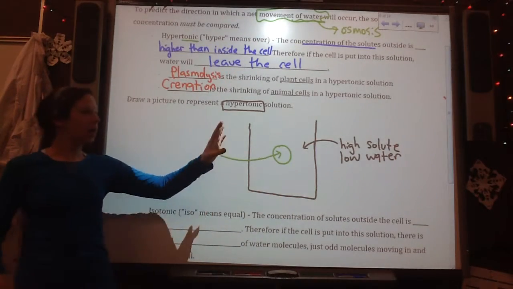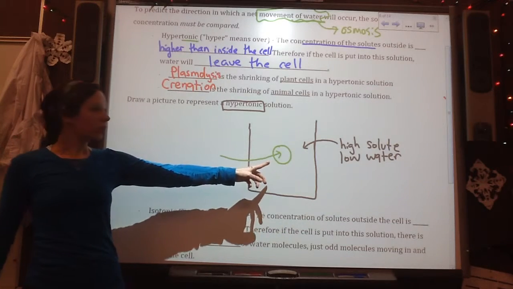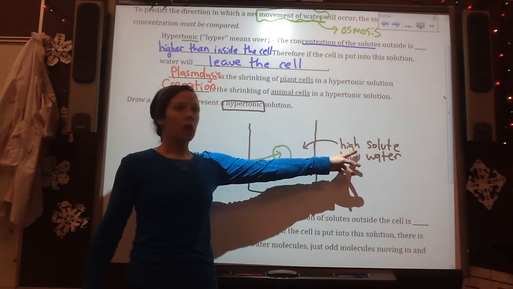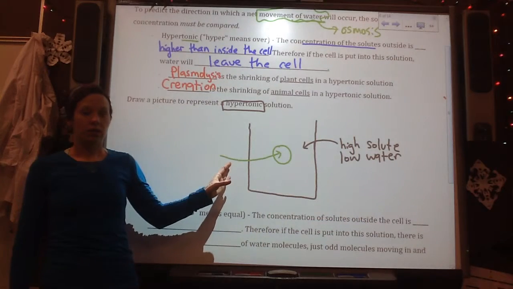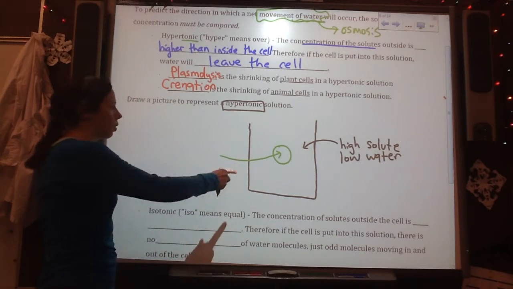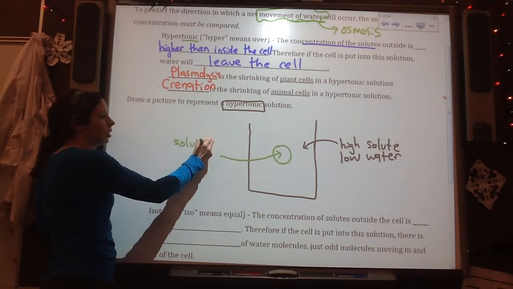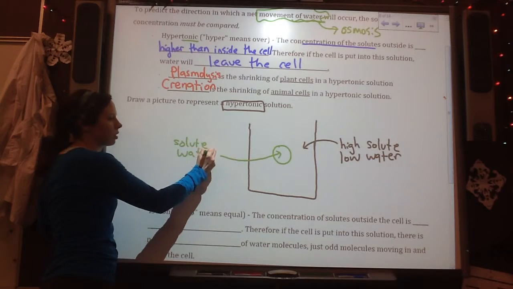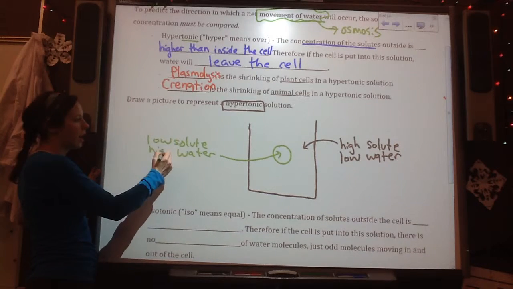So it's comparing the solution that's in here to the cell. So these will always be the opposite. Whatever the solution is, the cell is the opposite for hypo and hyper. So inside the cell would be what amount of solute and what water? Low solute and high water.